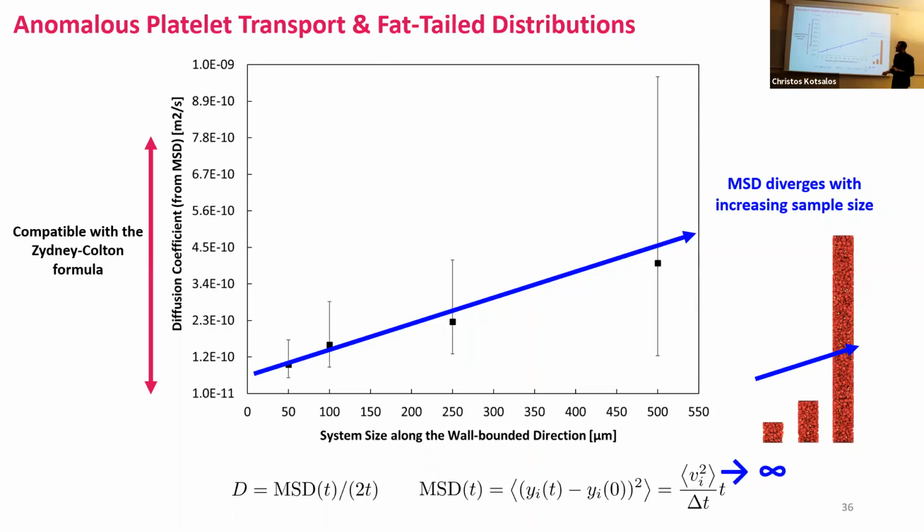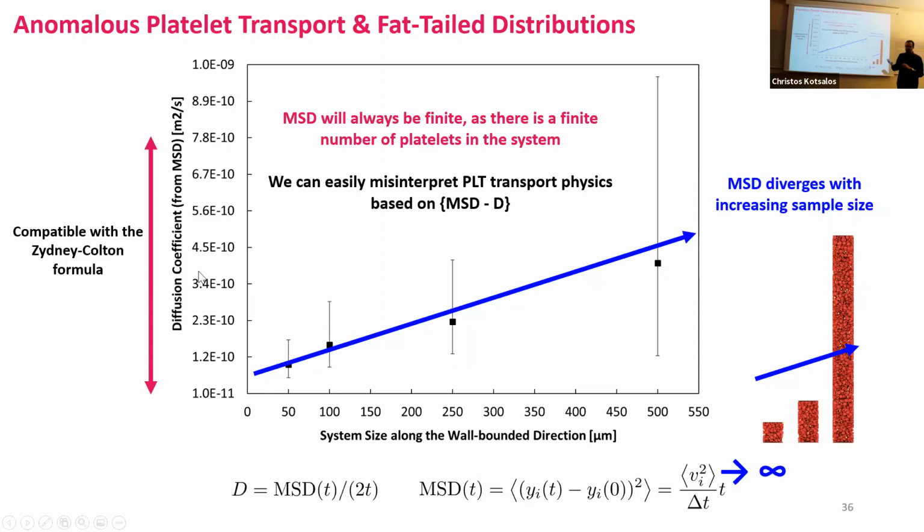The striking part is that the diffusion coefficient that we extracted from the mean square displacement is compatible with the Zidnik-Orton formula. So let me say that the mean square displacement will always be finite, because in our systems we have a finite number of platelets.